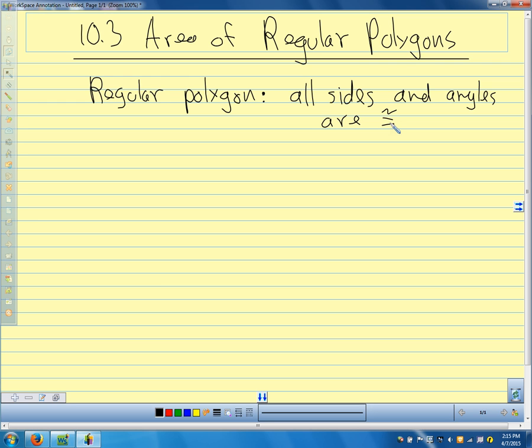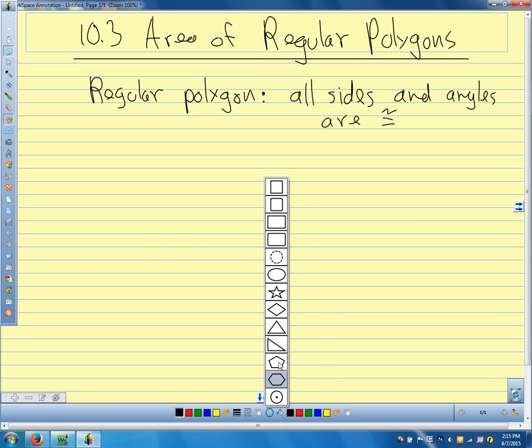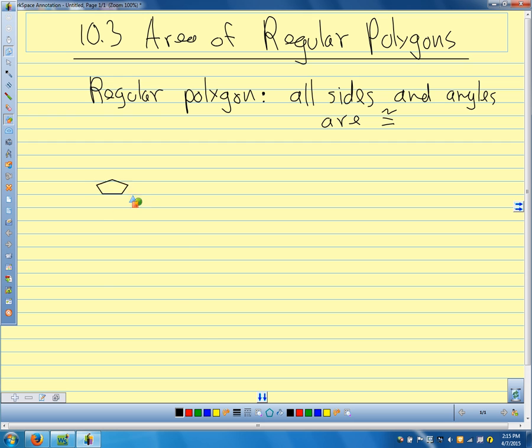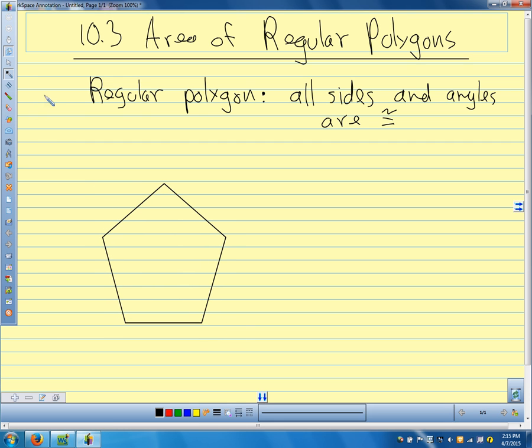And we'll draw a picture of a regular polygon here. And I'm just going to use a pentagon for our examples, but remember, a polygon can have any number of sides. So I'm just using a pentagon for an example. This is the center. And we're going to be doing a lot of this with regular polygons, drawing triangles here.